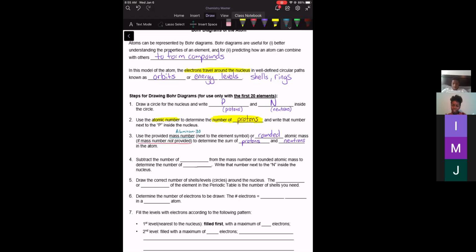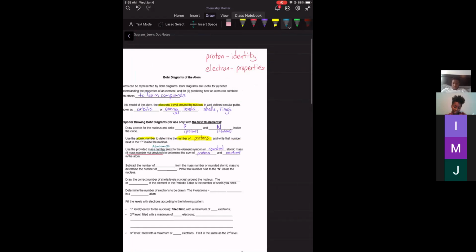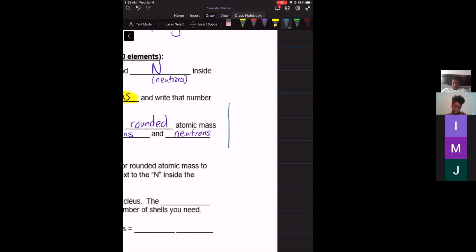If I don't give you that, if I just say aluminum, then you have to go on the periodic table and find the number at the bottom. And you have to round that correctly. So for example, if we were looking at a box for aluminum, I'm just showing you what number you would use if I didn't give you the 30. This would say aluminum, I think aluminum is number 13, and I think this number is like 26.98. I don't have my Chem Cruncher next to me, but I think that's right.